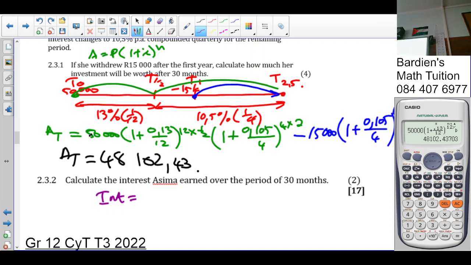That calculation would be 48,102.43 minus your original amount, which is 50,000. But what happened? She withdrew 15,000. So we take that into consideration as well for the interest.